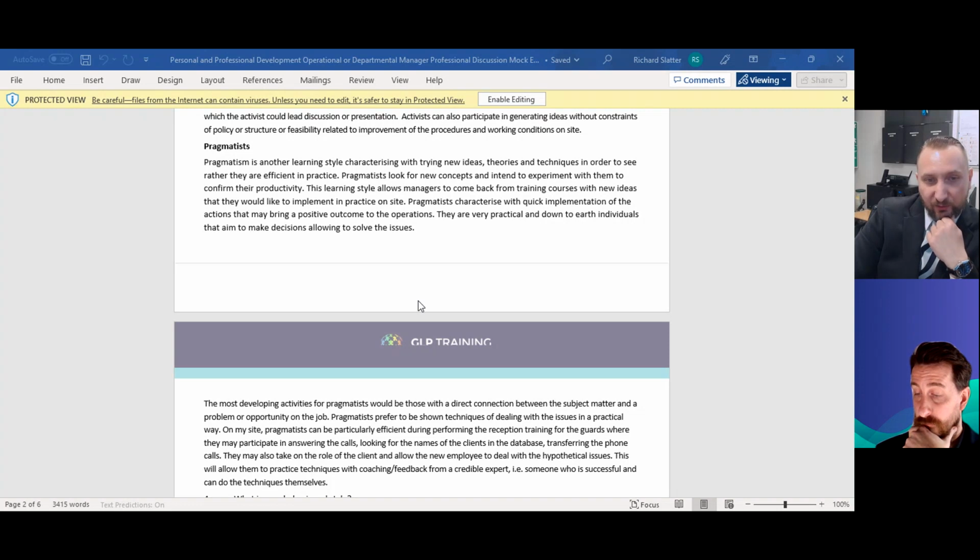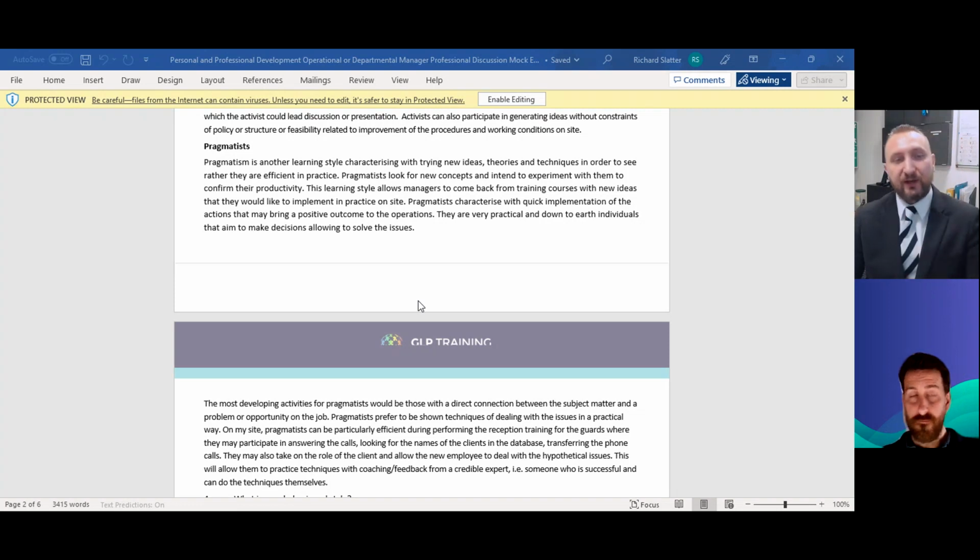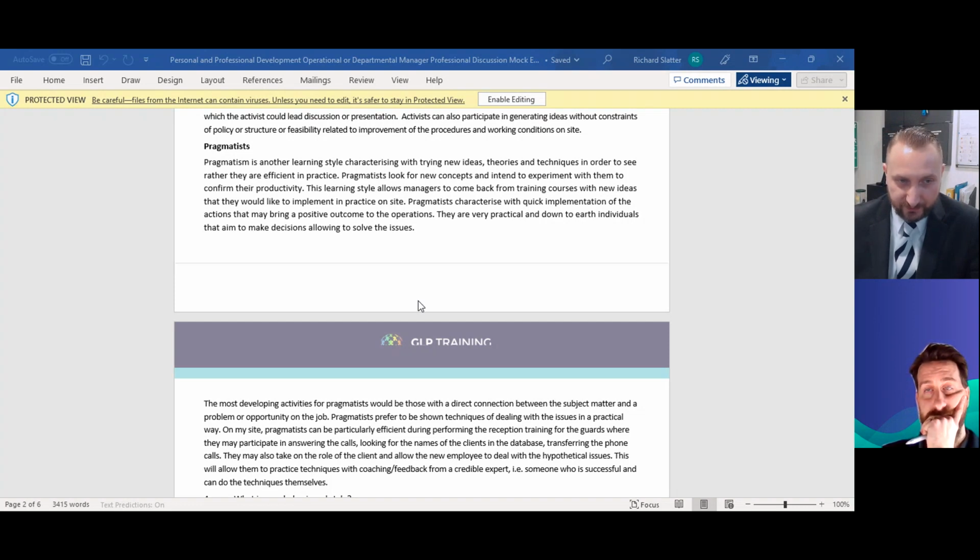This learning style allows managers to come back from training courses with new ideas that they would like to implement in practice on site. Pragmatists are characterized by quick implementation of actions that may bring a positive outcome to the operations. They are very practical and down-to-earth individuals that aim to make decisions allowing them to solve the issues.